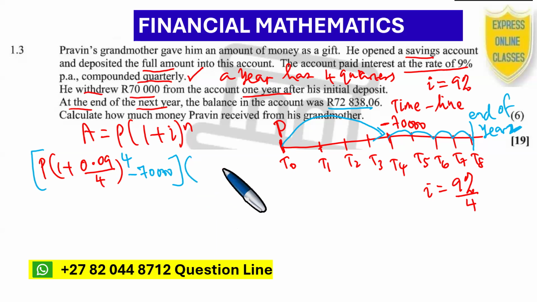And then, after withdrawing, we want to know at the end of the next year, the balance in the account was this. So there's 1 plus 0.09, you divide by 4. And you have the following.